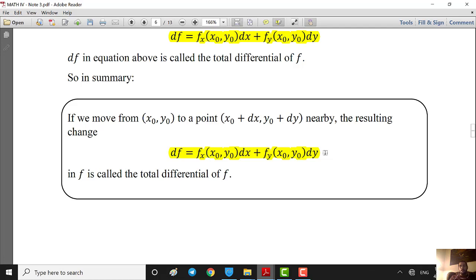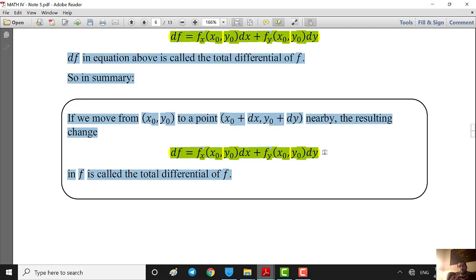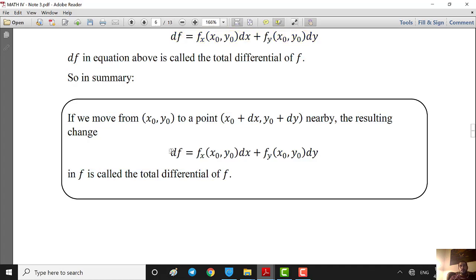Now, all that aside, this formula for total differential, you could also derive when we were talking about the chain rule for multivariable functions.